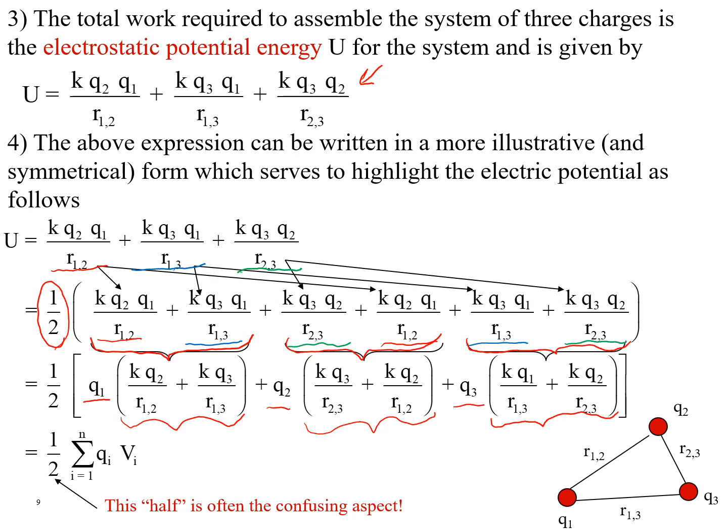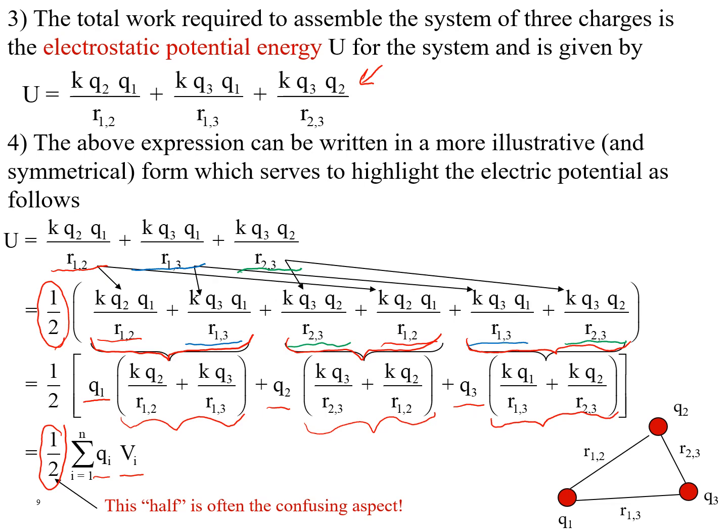So we see that we can write this as half times each charge times the potential at the location of that charge due to the other charges that make up the system. So the word other is very important, and this factor of half is very important because most students somehow eventually confuse this factor of a half and forget about it or don't use it, resulting in a wrong solution.